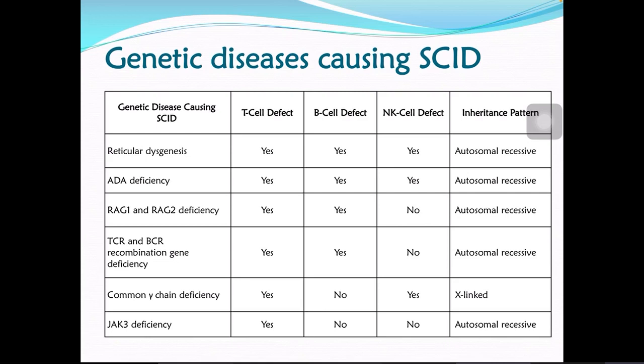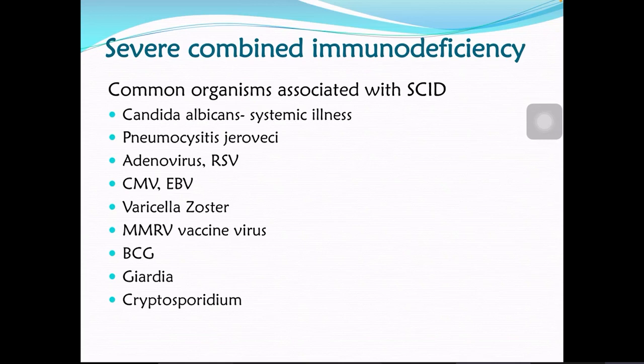We said they are more prone to viral, fungal, and opportunistic infections. So Candida is known to cause systemic illness. They are more prone to pneumocystis pneumonia, adeno, RSV, CMV, EBV. They can all cause florid infection in such patients, and so could the varicella virus.